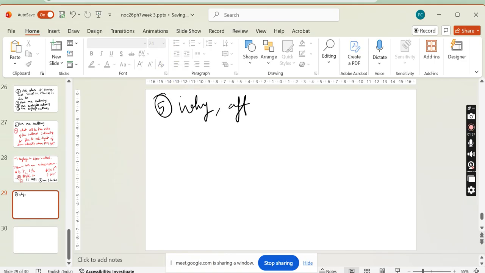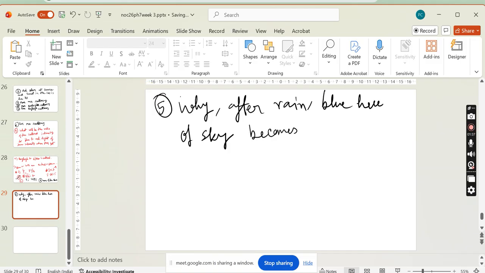After rain, the blue hue of the sky becomes more intense, because the water droplets wash off all the big particles.